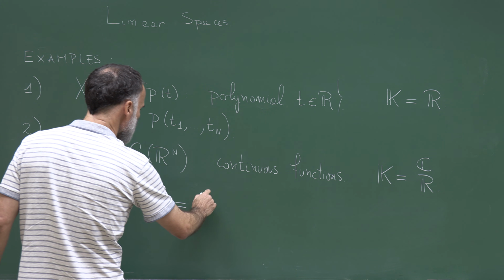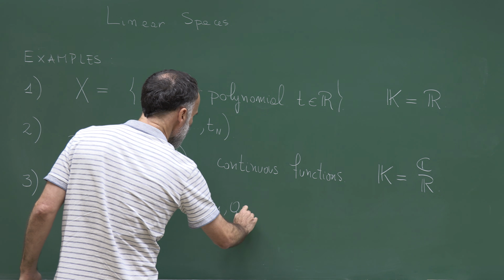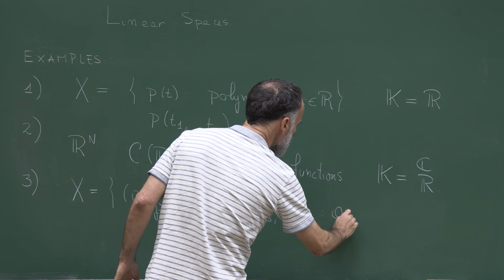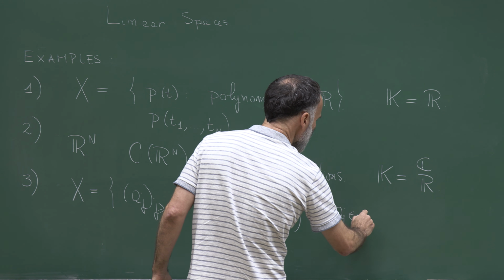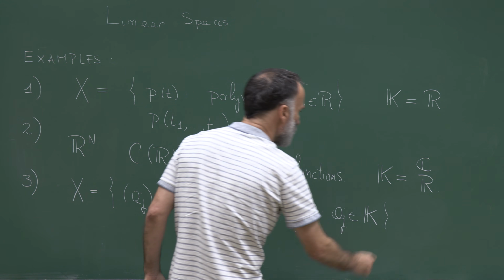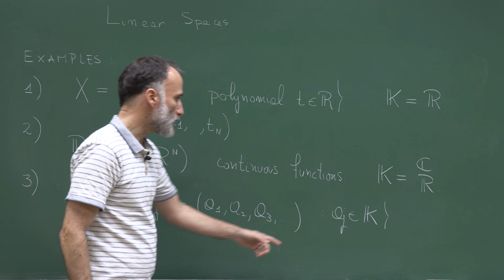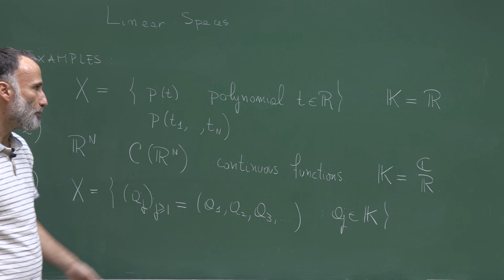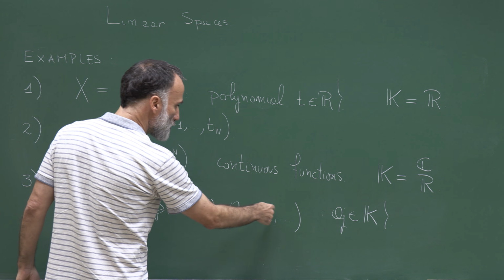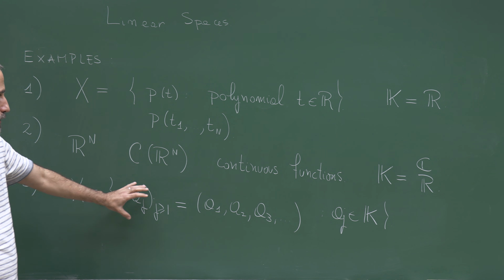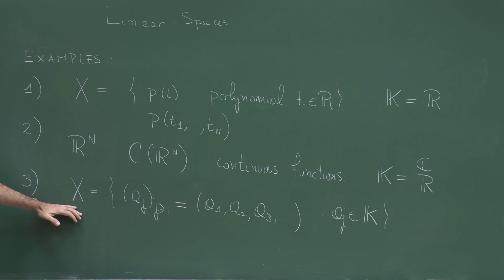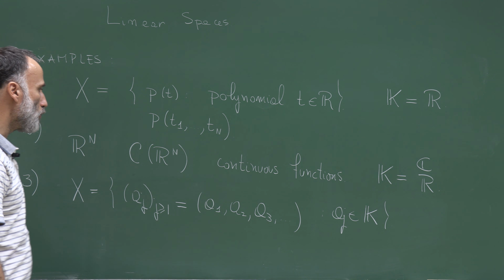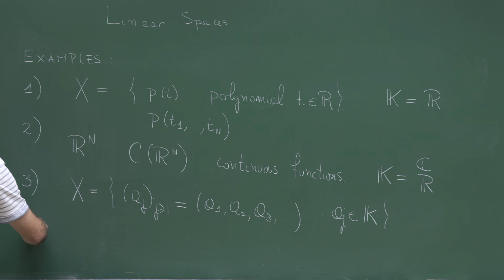So this is a sequence a1, a2, a3, and so on, in which a_j either takes values in C or in R. And again, if it takes values in R, you take the field to be R, and you can multiply a sequence by a real number by multiplying each entry by that real number, and you can also add sequences. So it's clear that X defined as the space of sequences forms a linear space.